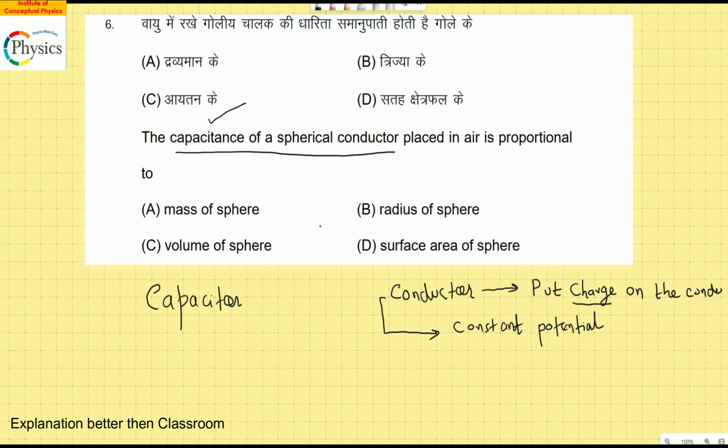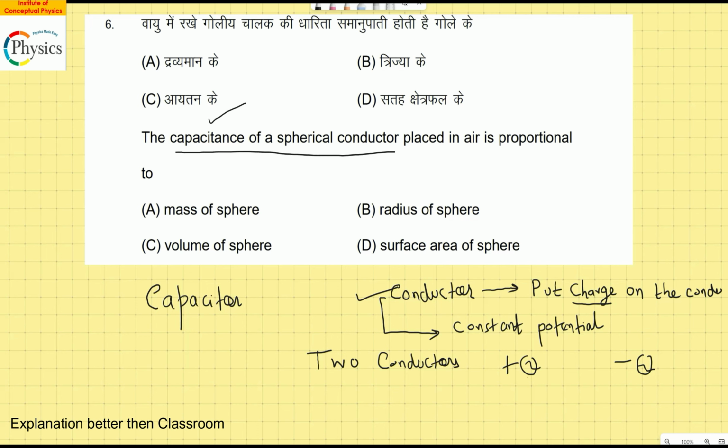Now, this was a single conductor. Let's pick up two conductors. We will put a positive charge on one conductor, and at a certain distance, we will put a negative charge on the other conductor. These two conductors are not touching each other.